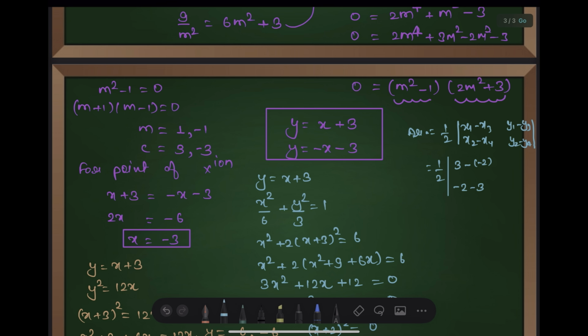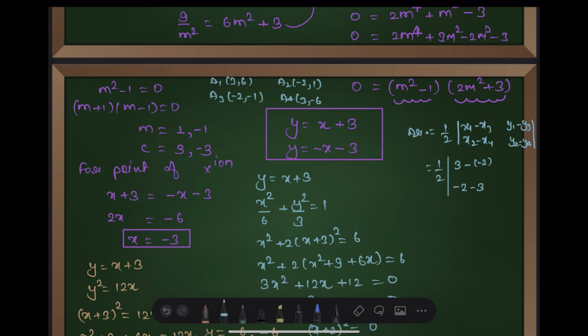So the point A1 was 3, 6, A2 minus 2, 1, A3 minus 2, minus 1, A4 3, minus 6. Okay, so x1, x2, x3, x4, correct.